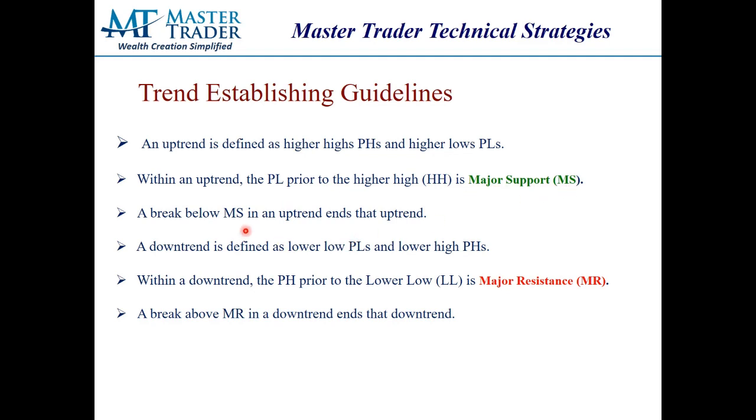A break below major support in an uptrend ends the trend. Pretty simple. A downtrend is defined as lower lows, pivot lows, and lower pivot highs. Within a downtrend, a pivot high prior to the lower low is major resistance. So a break above major resistance in a downtrend ends that downtrend.